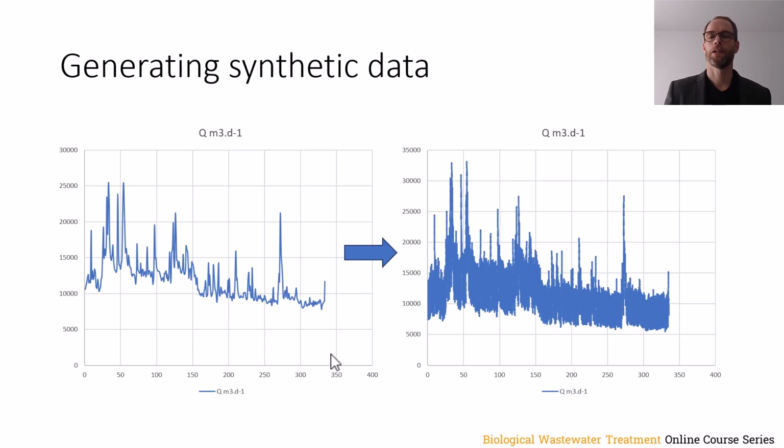All right, so with that, we are able to take this data on the left-hand side, in which we have daily varying flows, and if we run an algorithm through those daily flows, we can interpolate an average flow for every hour. You can see here the resolution of that data is a little higher.